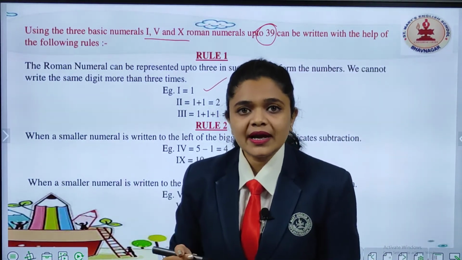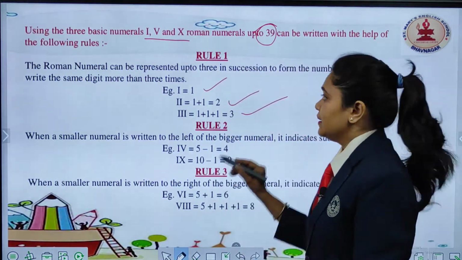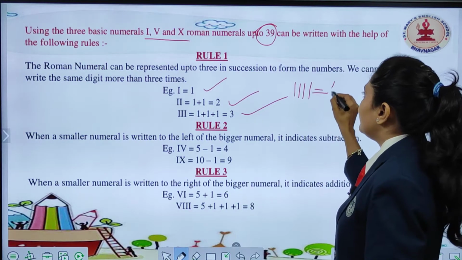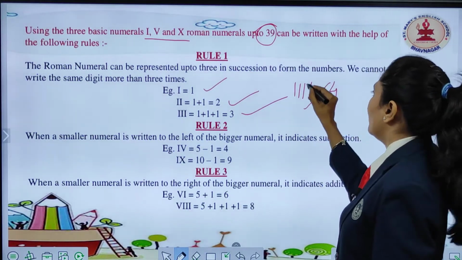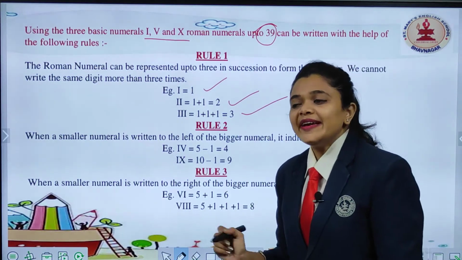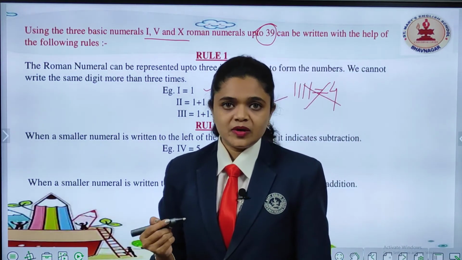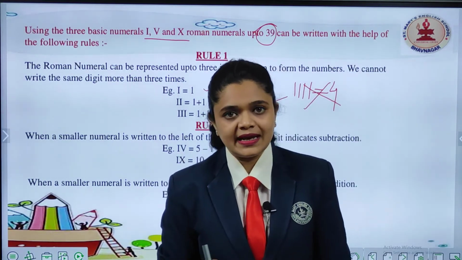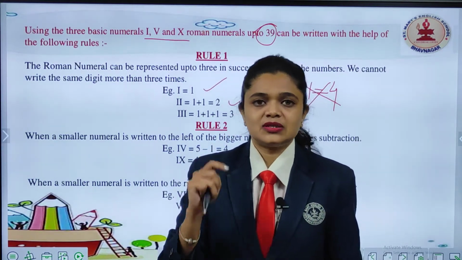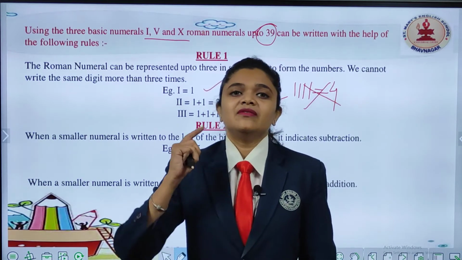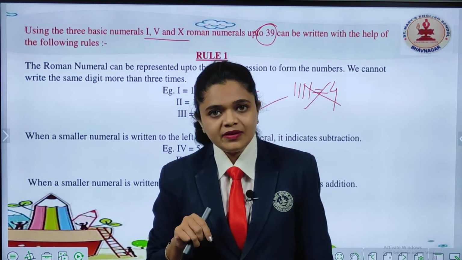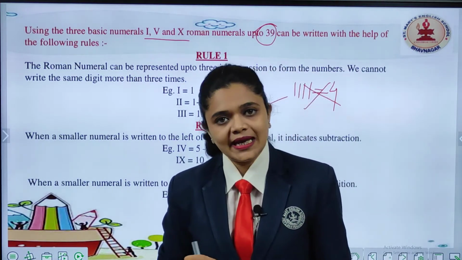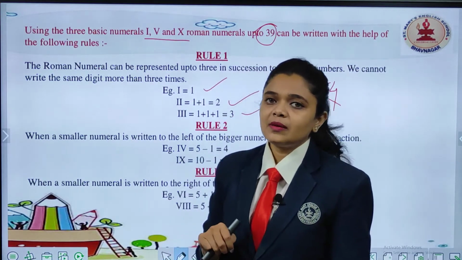Now, if you want to write 4, if you think you will write I 4 times to give us 4, no, that is wrong. We can repeat a particular alphabet only 3 times, not more than that. Okay children, this was the first rule. Let us revise. We can repeat the particular alphabet 3 times, do not repeat it more than that.